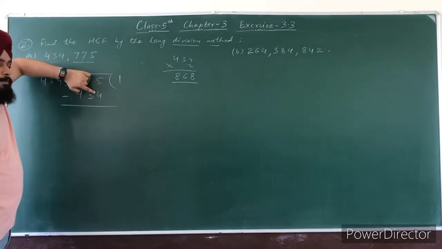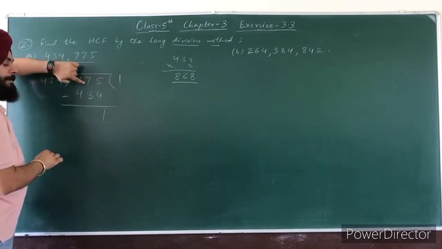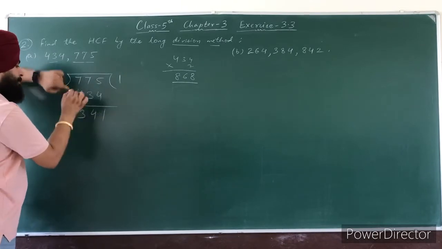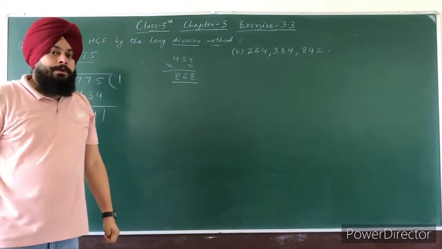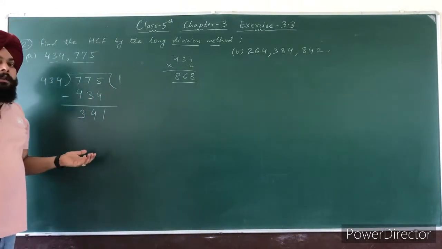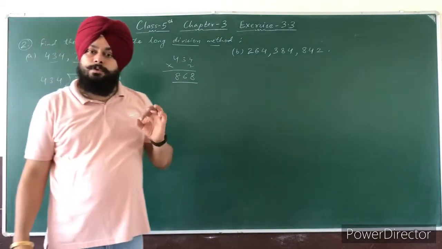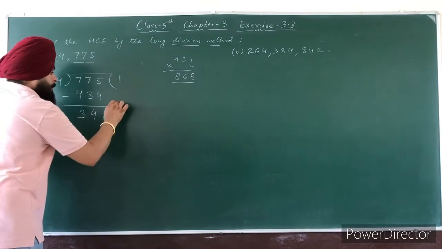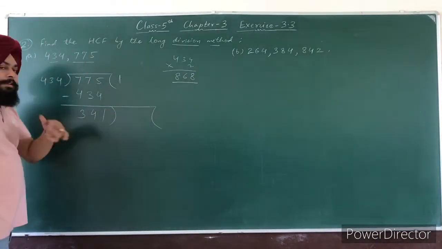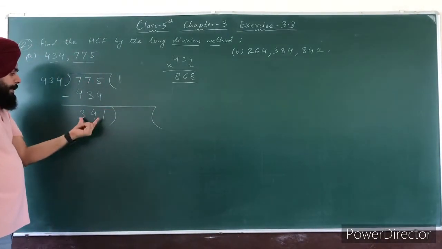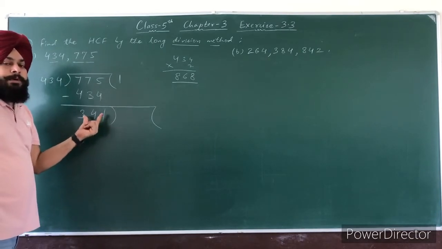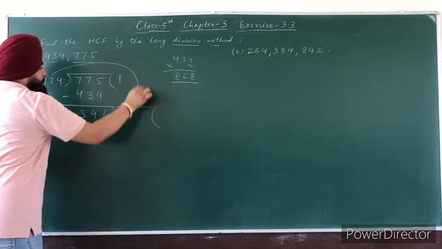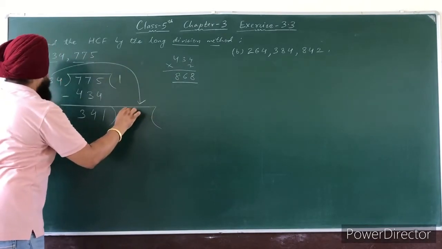Now 5 minus 4 is 1. 7 minus 3 is 4. And 7 minus 4 is 3. Now you will repeat this process until you get remainder 0. Clear, students? In the next process, you will take this remainder as our new divisor, and the previous divisor is taken as new dividend.